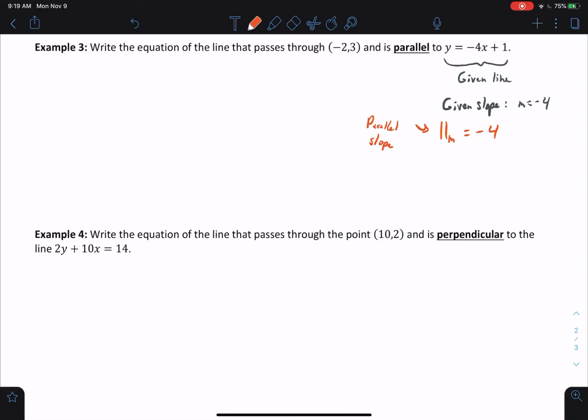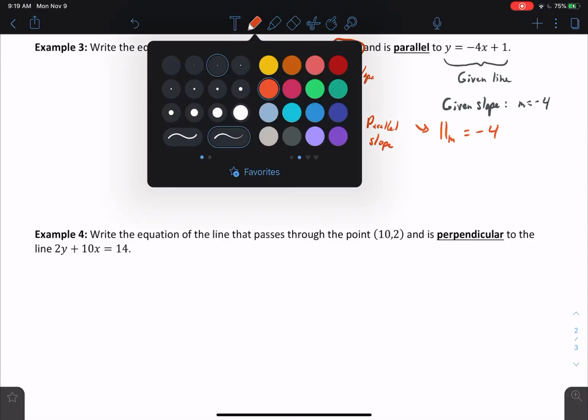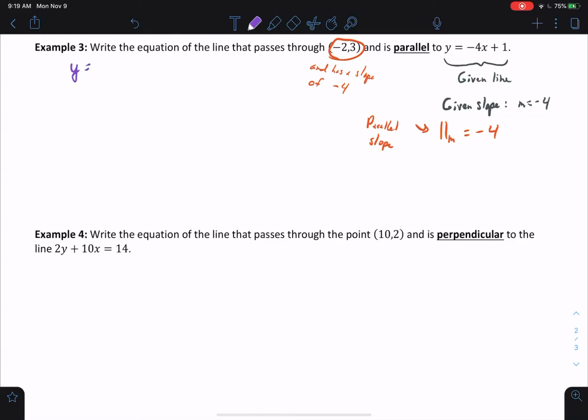So what do I need to do? I need to write the equation of the line that passes through (-2, 3) and has a slope of -4. So we've got y equals mx plus b. Let's plug in what we know. We know the y coordinate is 3.